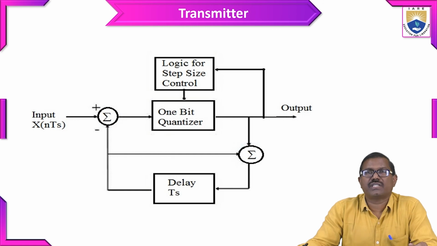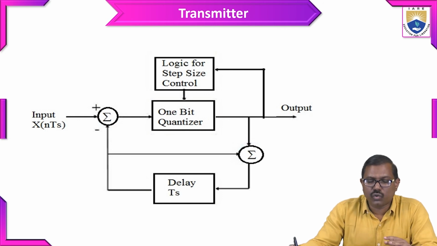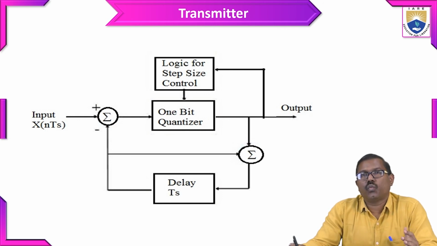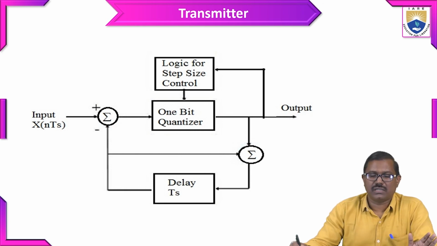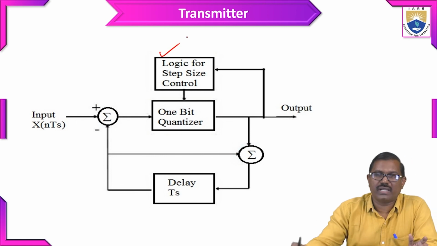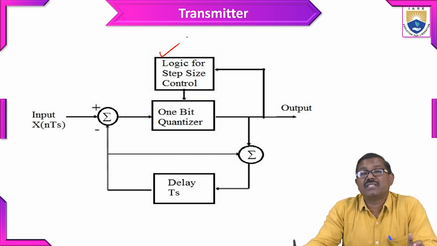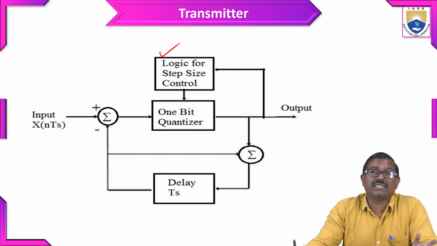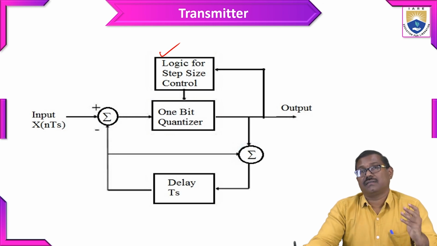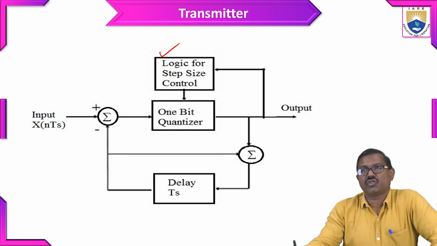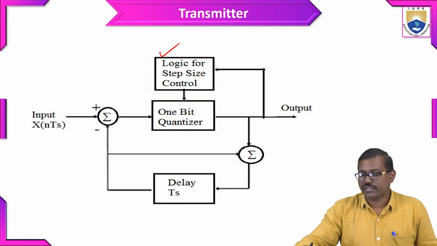So this is the logic for step size control. Whereas in the previous circuit, we had only a 1-bit quantizer, accumulator and comparator. But here, this one is the additional feature for this transmitter, that is adaptive delta modulation.